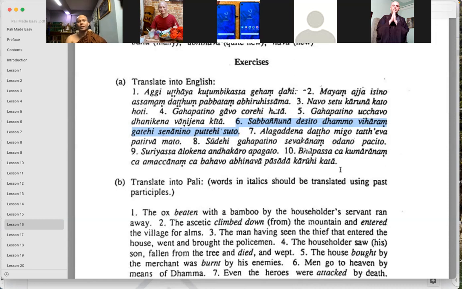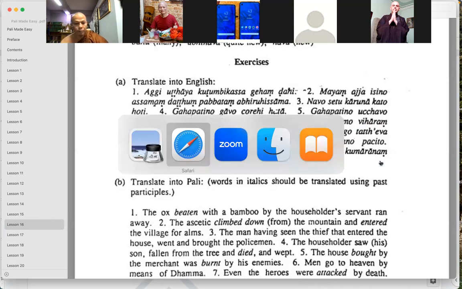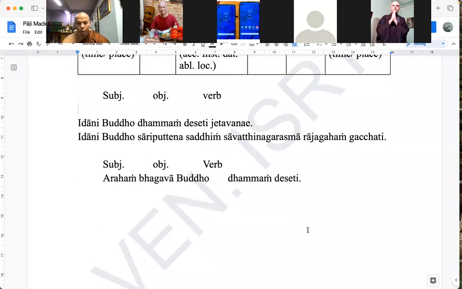So this is passive. That is why passive or active is also important. So the subject is with the nominative case. Subject is with the nominative case. That is why, firstly, we need to find the sabbaññunā desito dhammo. Okay, so I will write down.